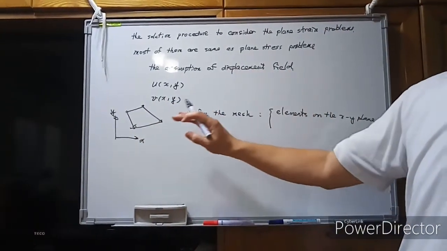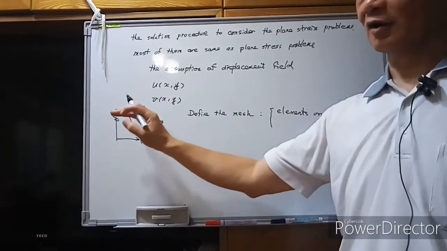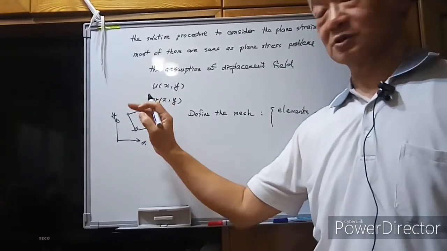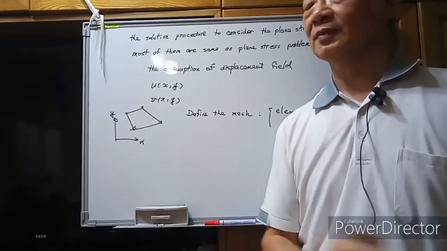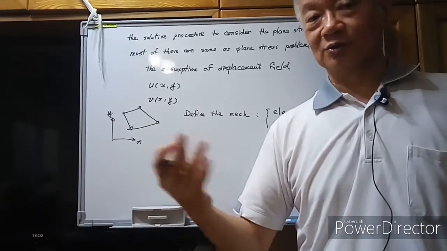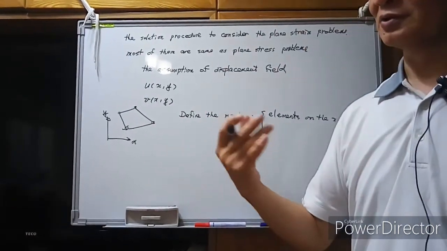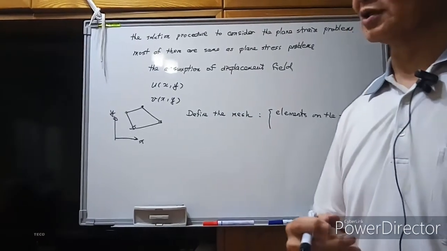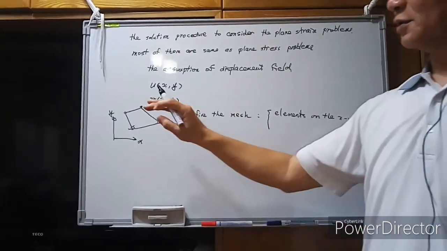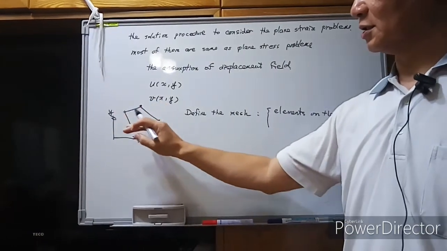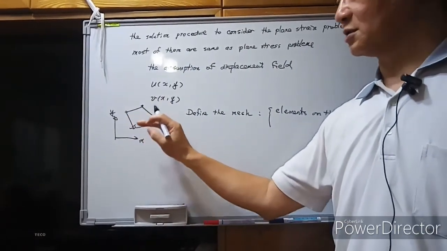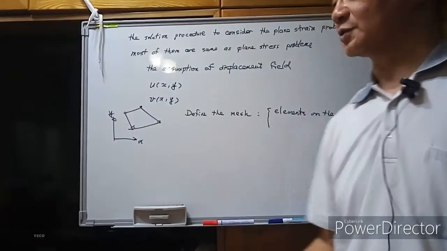No matter how many nodal points you like to use for a single element, you need to decide it before you do the analysis. Okay, it depends on the set of the shape functions you like to use for your problems.